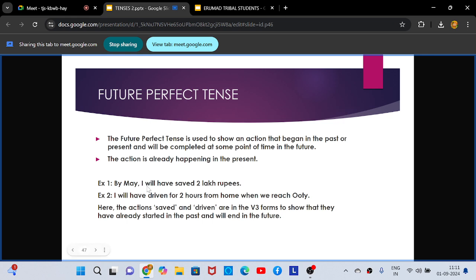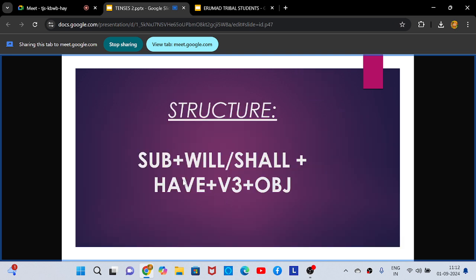I plus will have plus saved is V3. 2 lakh rupees is the object. Similarly, I will have driven for 2 hours. So I is the subject plus will have plus driven is V3. For 2 hours from home when we reach Ooty is the object. Okay. So this is the structure. Subject plus will or shall plus have plus V3 plus object.